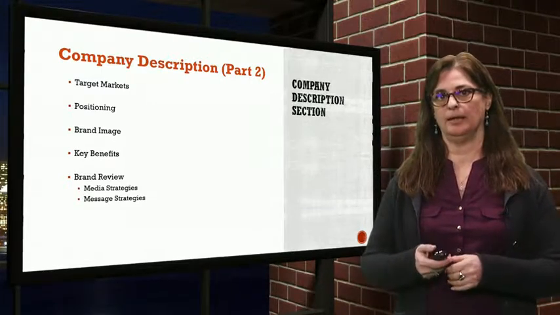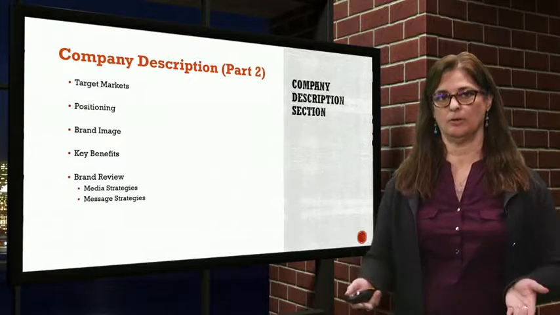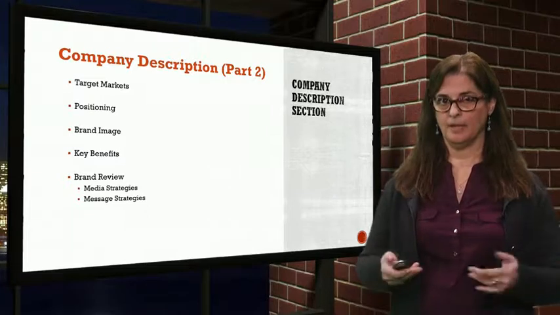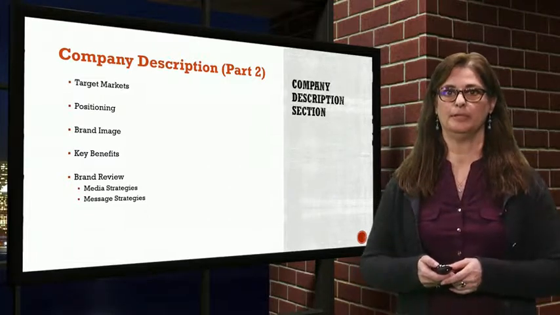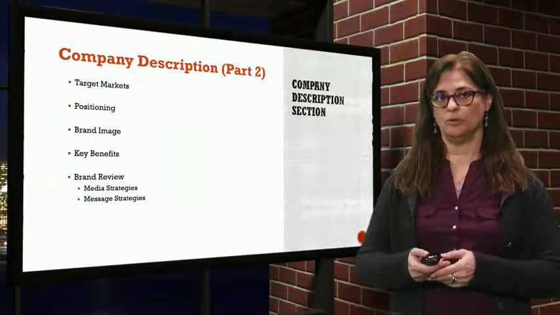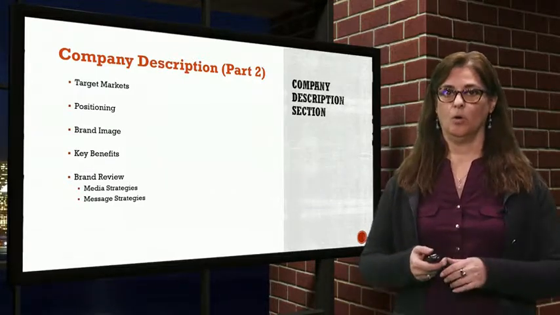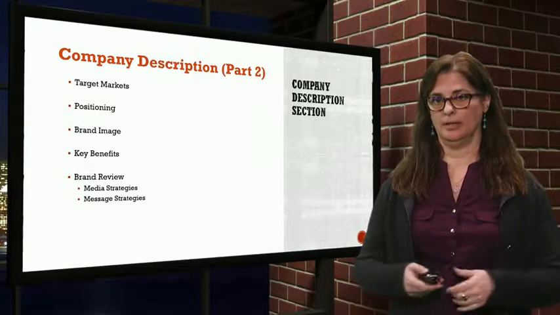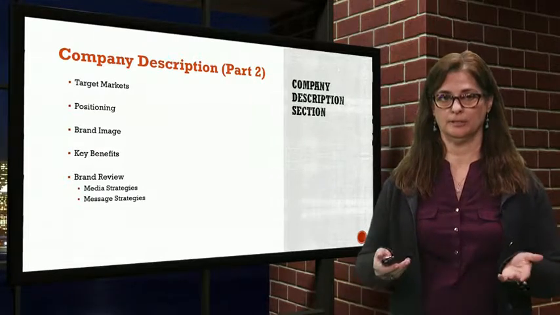An example of that is in the prestige car category. Volvo is positioned as the safe alternative. Some other options are positioning according to a product benefit, or according to a product attribute, or according to a usage occasion, like maybe a holiday or something like that.